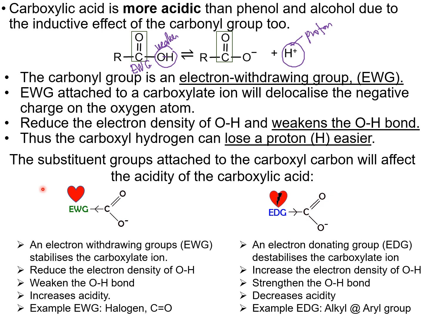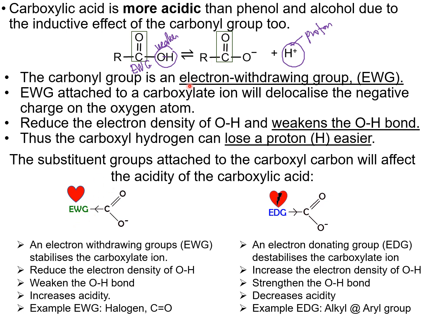Okay, and the substituent groups yang attached to the carboxyl carbon will affect the acidity of the carboxylic acid. For example, kalau let's say, okay, substituents of this, contohnya R ni lah, R ni adalah AWG. So dia lagi suka lah.